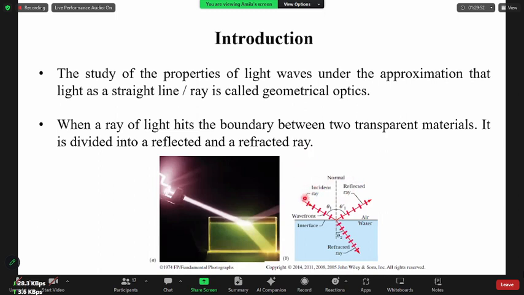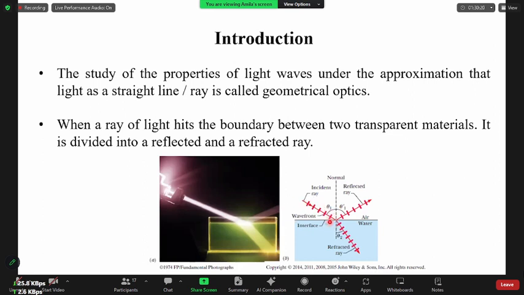So we have a light ray. Again, this is not the real case, because light you can treat as a wave. That's why here you can see the wave front as well. So we approximate that light wave as a straight line, like this.